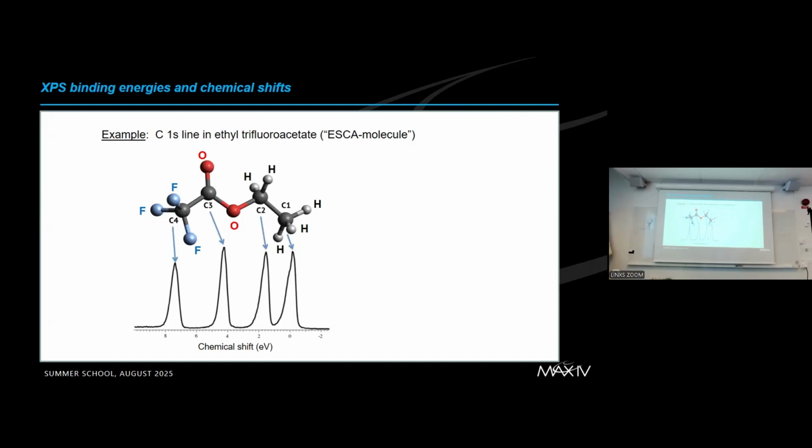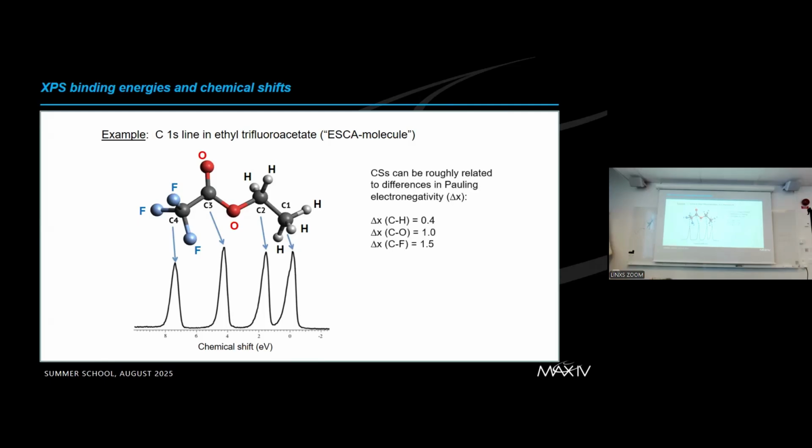And obviously, the electron density is distributed from the carbon atoms to its neighbors in this sequence, from here to here to here and to here. So this one has the least electrons available for core hole screening.